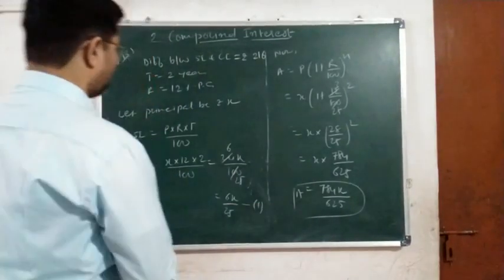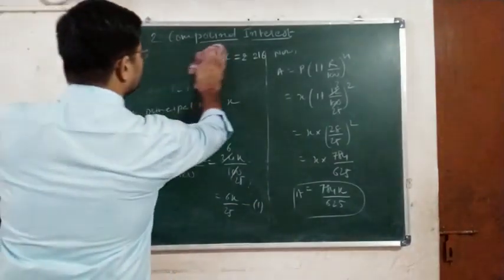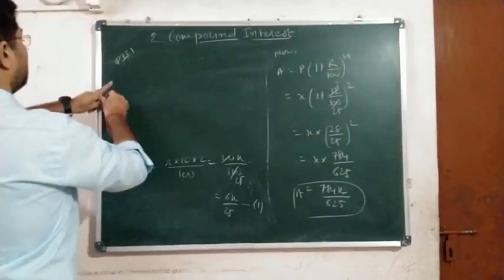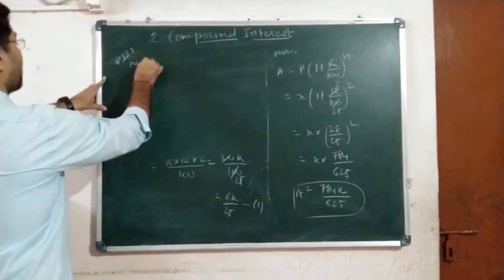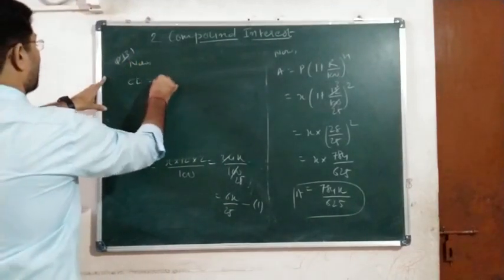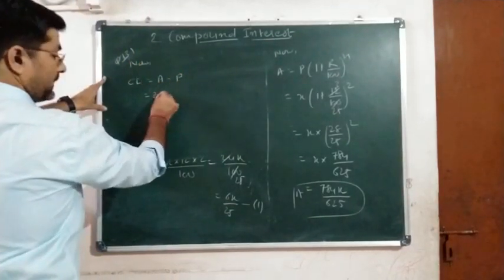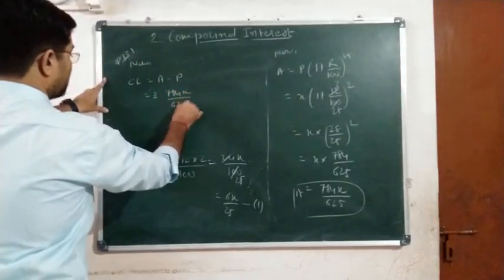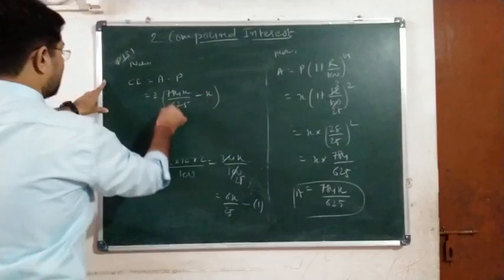We have got the amount. CI is amount minus principal, rupees 784x upon 625 minus x.